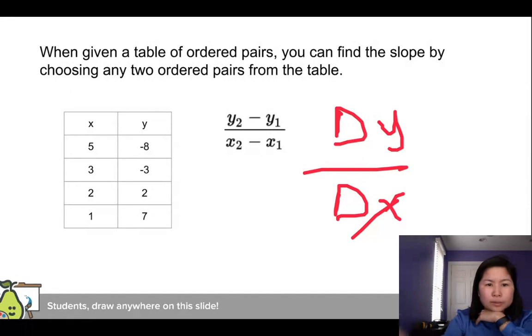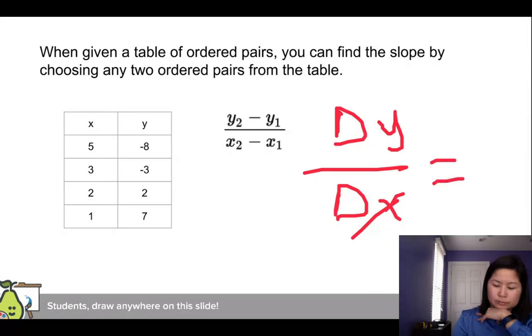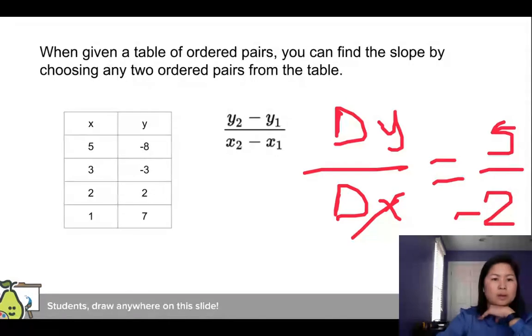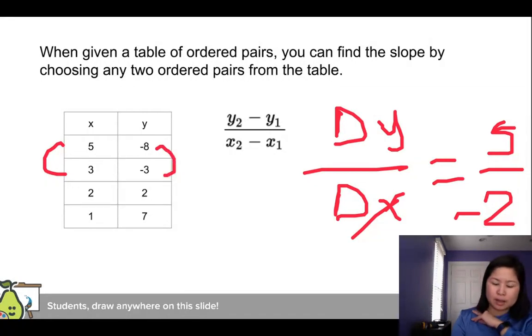All right, I have one student share with me 5 over -2. Anyone else have something different? So I'm going to look at the change, right? For the x from 5 to 3, it's going down by 2.